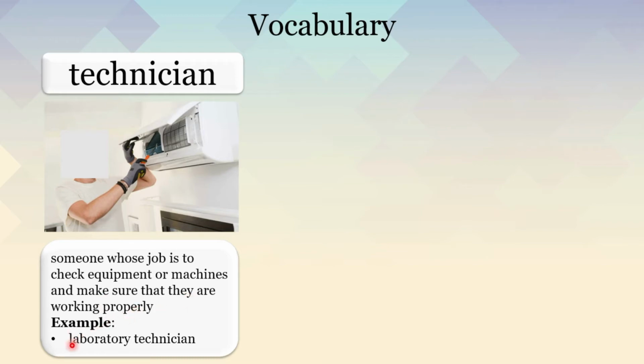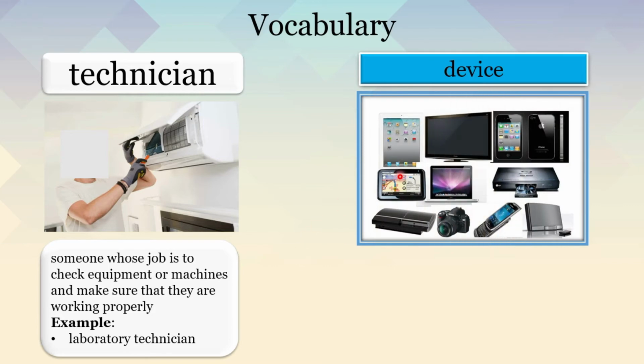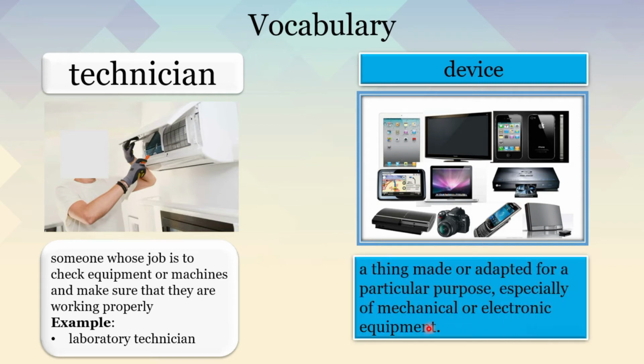For example, a laboratory technician. And our last word is device. Look at this. They are all devices. A device is a thing made or adapted for a particular purpose, especially of mechanical or electronic equipment. Great.